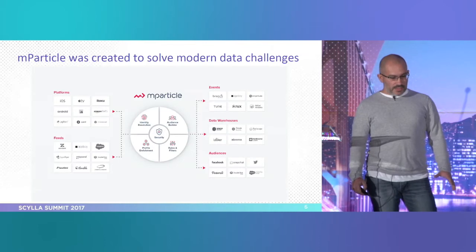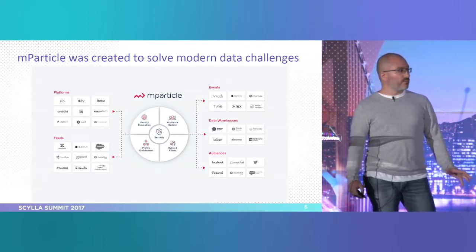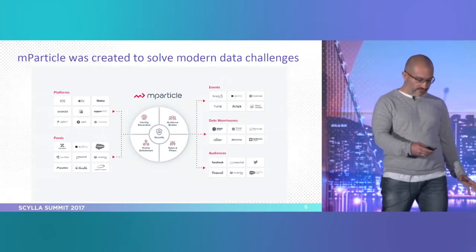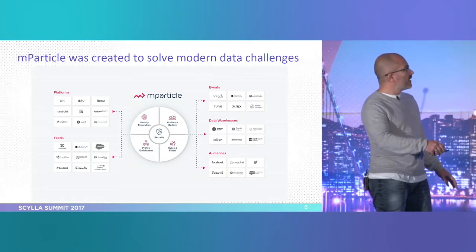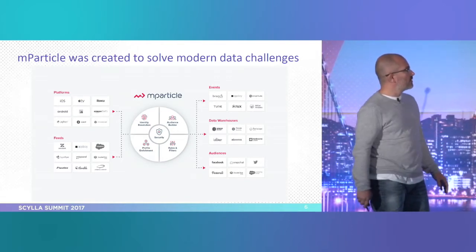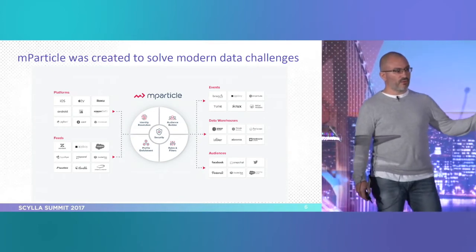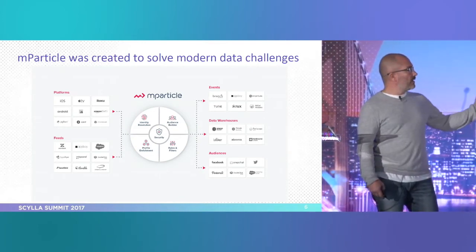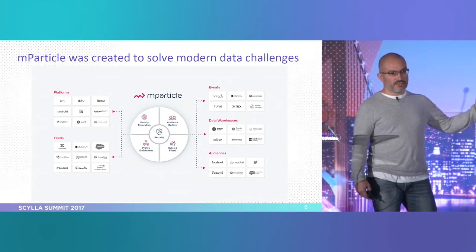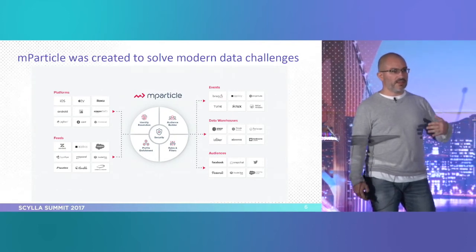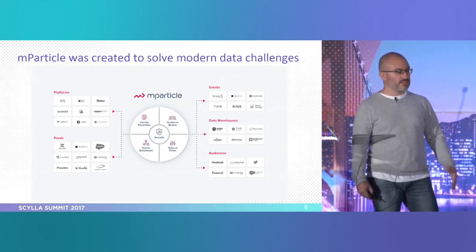So as a whole, our platform can be viewed as a pipeline. We have a couple of main ingestion points that you see here on the left. Platform, which is where data directly from devices comes in, and feeds, which is a server-to-server API implementation that our customers can use to send data directly to us.